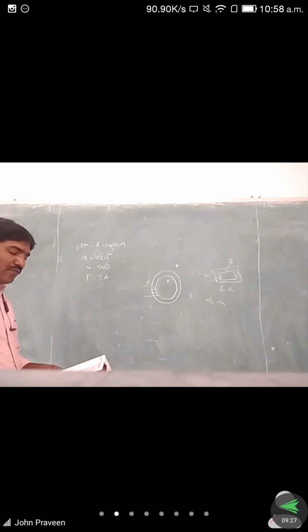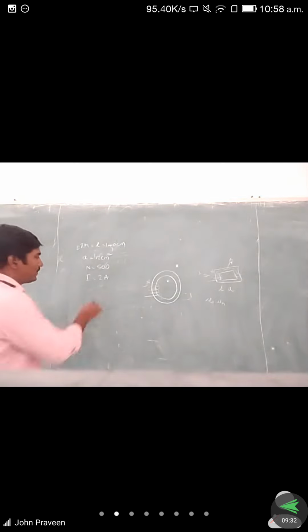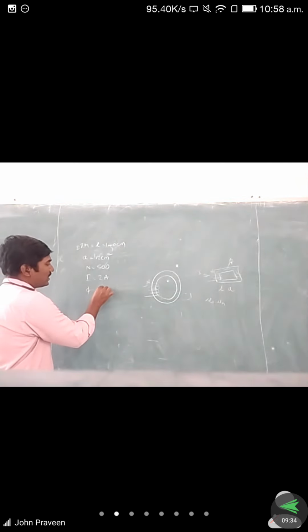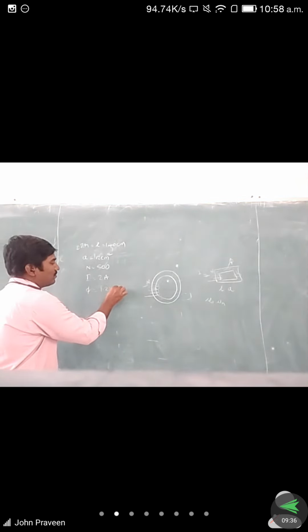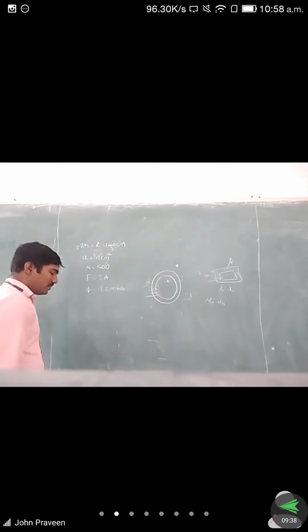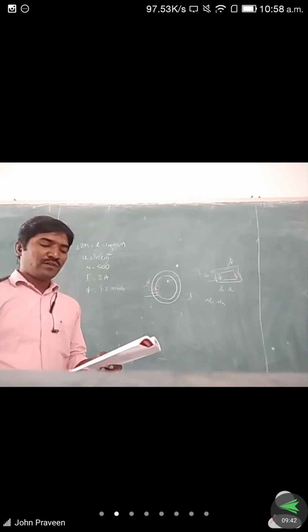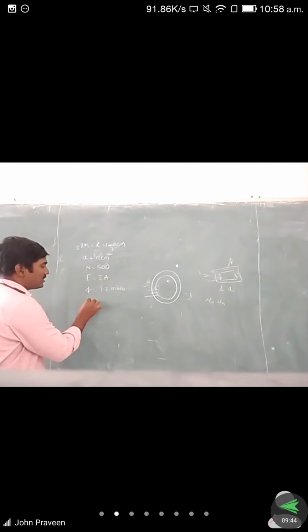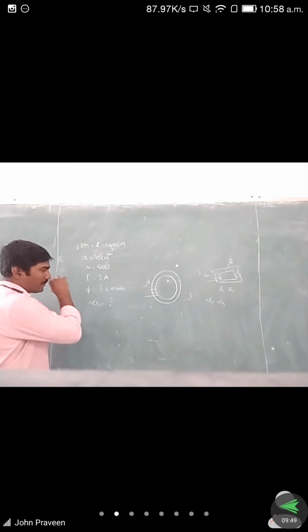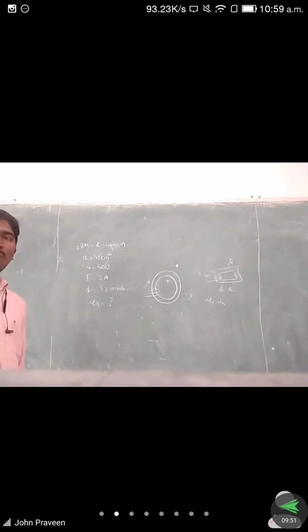Next, the flux is found to be 1.2 milliweber. The phi value is given as 1.2 milliweber. So we want to determine the relative permeability of the iron, so we want to find out the mu r value.